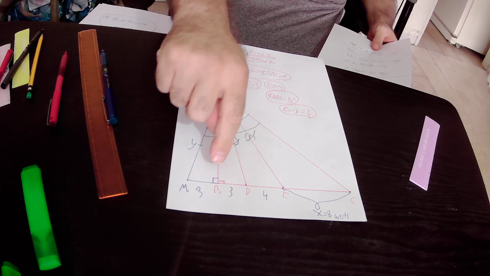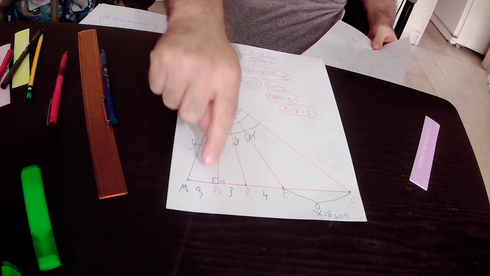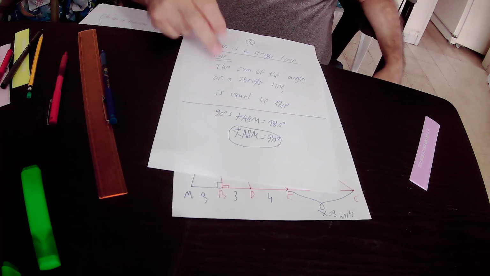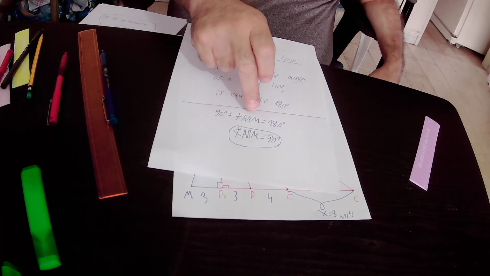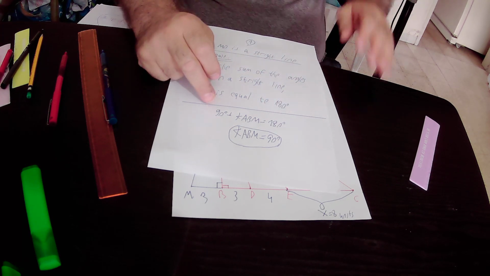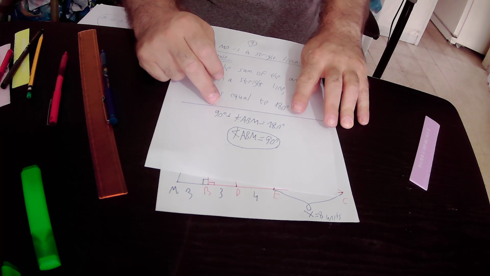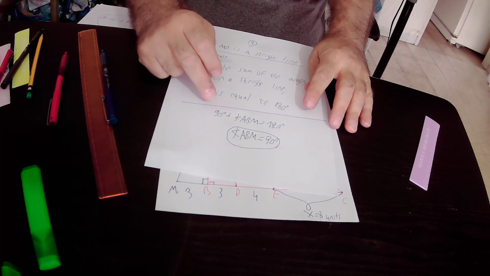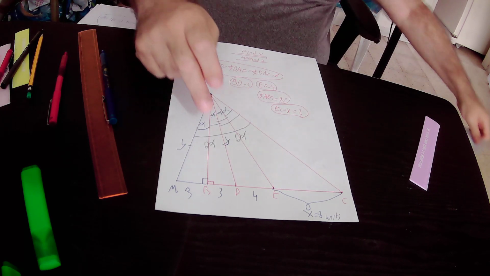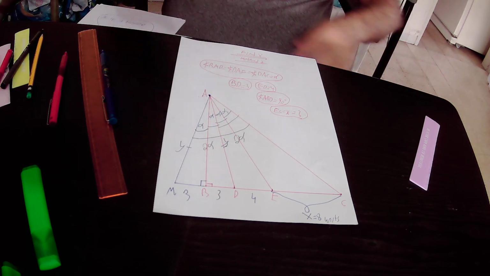So 90 degrees plus the size of angle ABM must be equal to 180 degrees according to this rule. Here we subtracted from this equality 90 degrees, and we got that the size of angle ABM equals to 180 degrees minus 90 degrees is 90 degrees. So angle ABM is a right angle. It equals to 90 degrees.